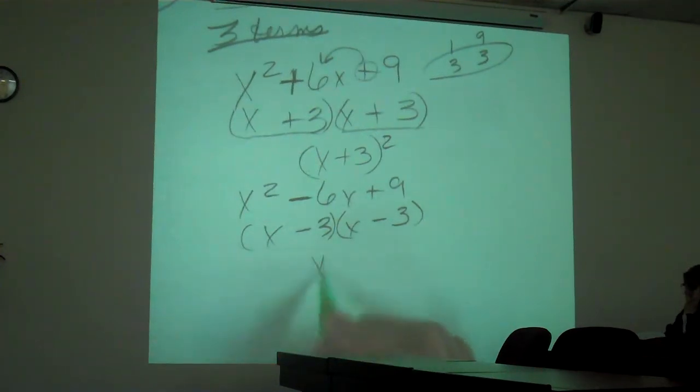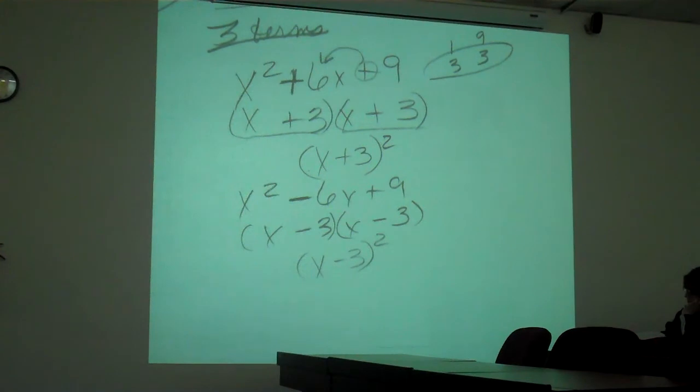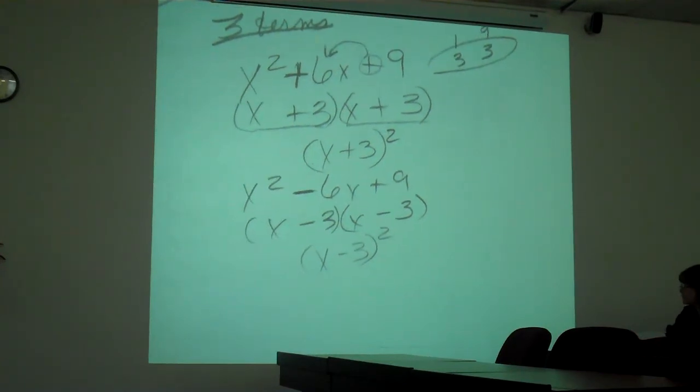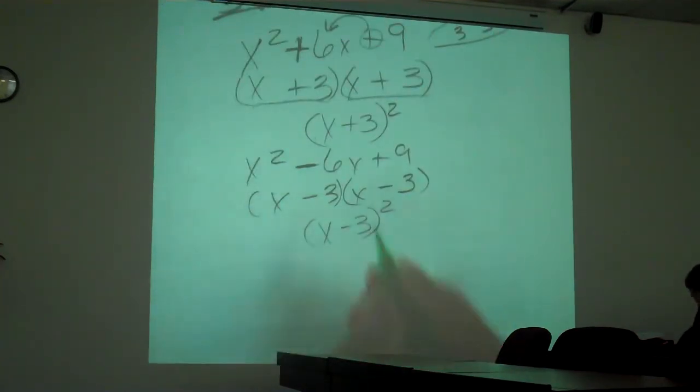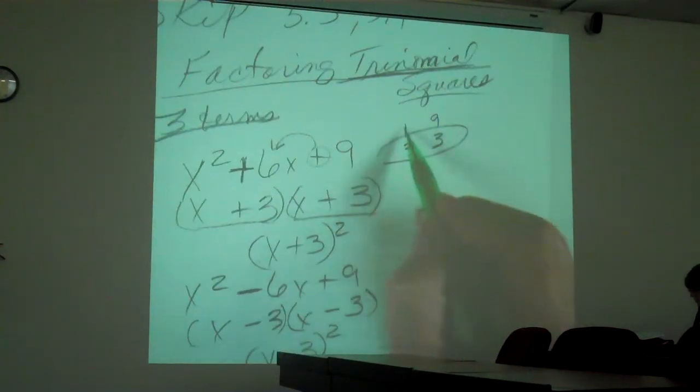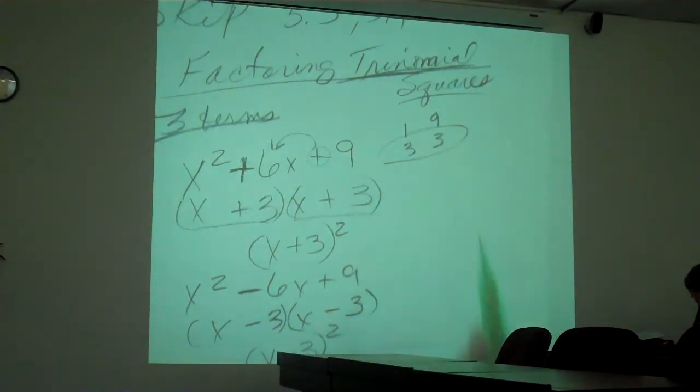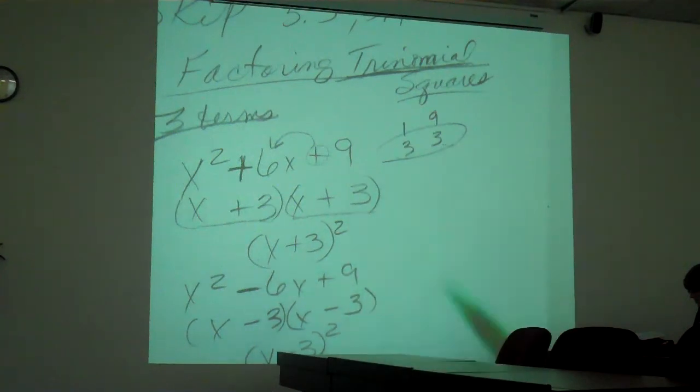So this one is x minus 3 squared. So that's the type you're going to be doing. So you know that you're not going to use the 1 times something. You're going to be using the one that's times itself on all of these.